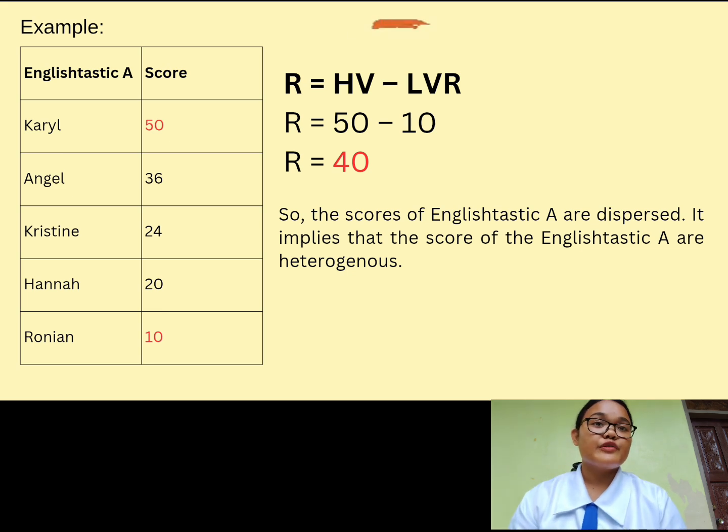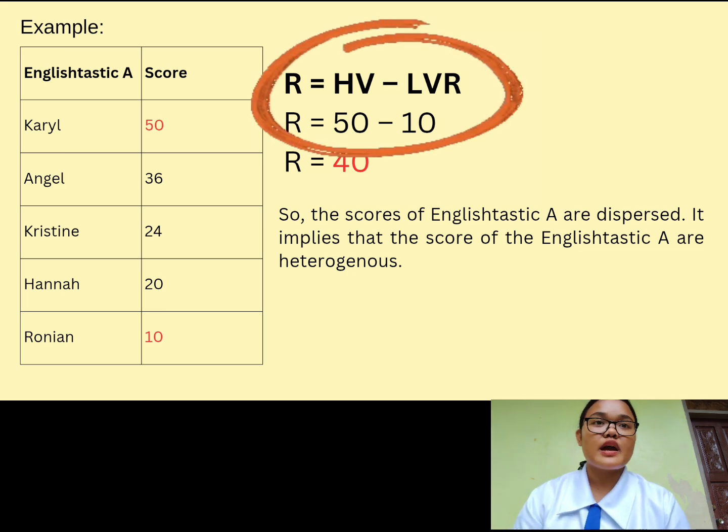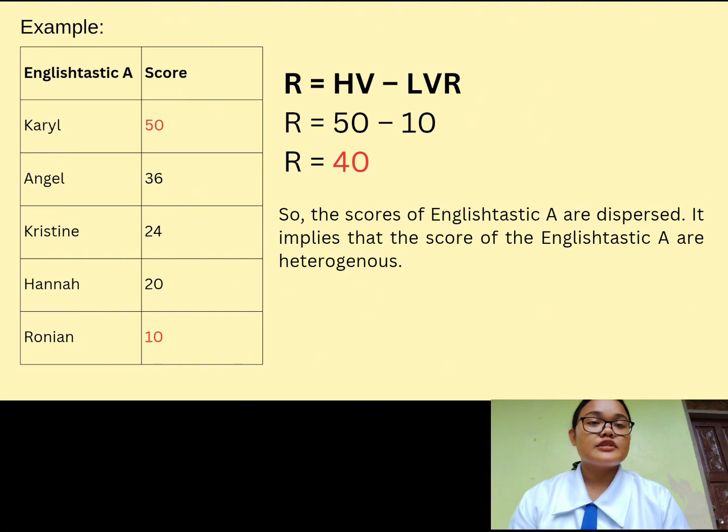We have here 50 as the highest value minus 10 as the lowest value is equal to 40. So our range is 40. The scores of English Tastic A are dispersed. It implies that their scores are heterogeneous because the spread of their scores is higher.